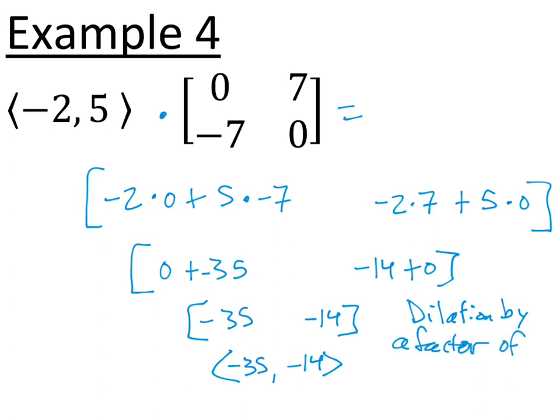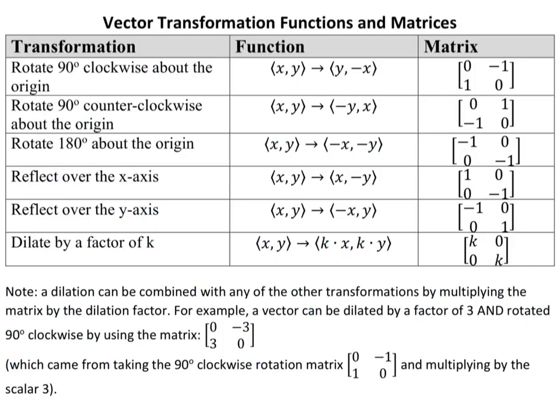And the makeup of this, if you pretend these are 1s for just a moment, you can compare this with your notes here and figure out which matrix you're looking at. Well, let's see.